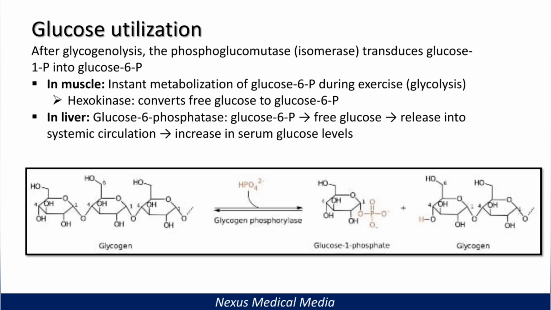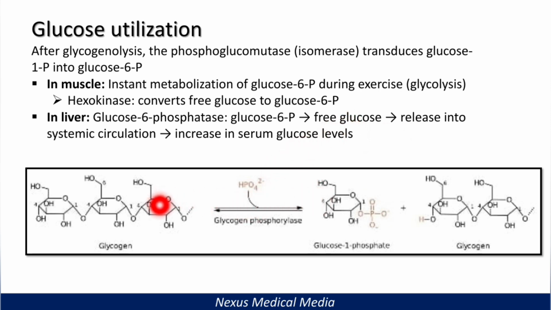But in the liver, glucose 6-phosphatase is the enzyme that you use to make free glucose, right? You just have to remove this phosphate on carbon number 6, and then you have free glucose. This is actually faster than running down through glycolysis, right? So this free glucose will be released into free circulation, and it will increase the serum glucose, right?